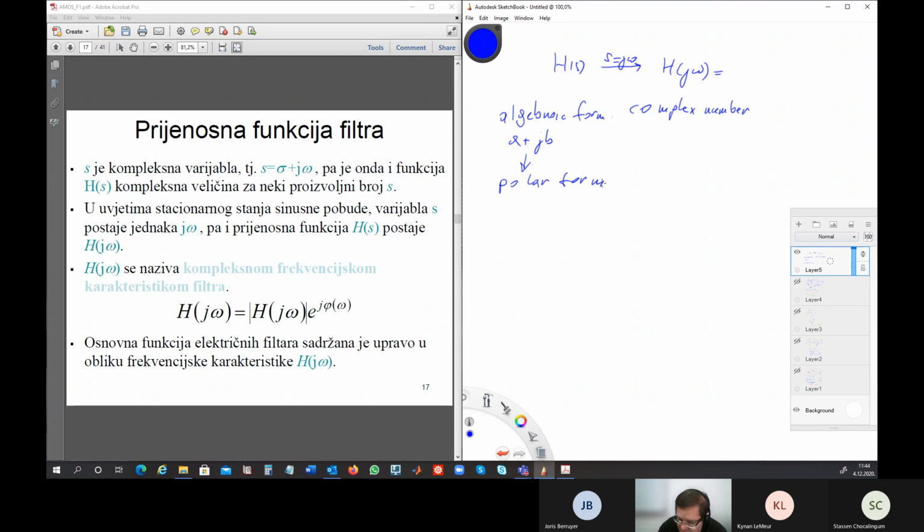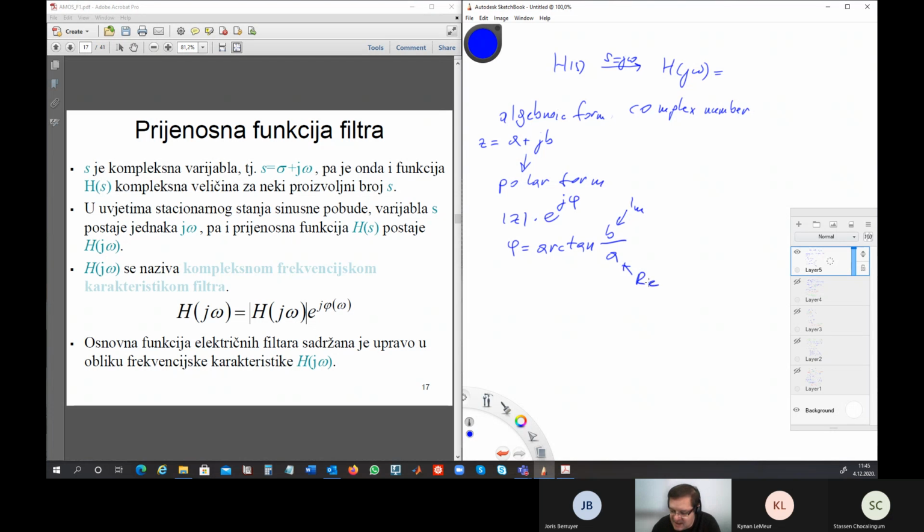Let's say the simple complex number. We'll show an example. The polar form looks like this. This is z, absolute of z times e to the j phi. And phi is the argument, which is arctangent of b over a. b is the imaginary and a is the real part.